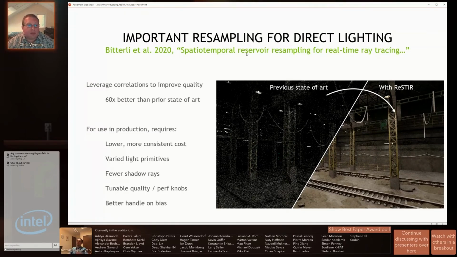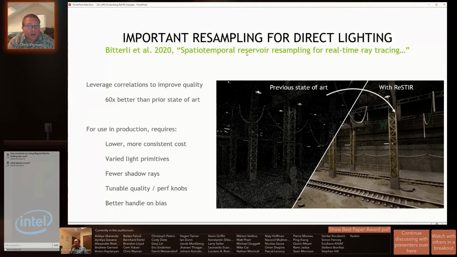As we started to think about productizing this and moving it into games, we came up with a bunch of questions, both internally and talking with folks externally who were interested in this work. And this paper is essentially trying to answer some of these questions to make this easier to use in production. The initial paper was somewhat costly, so we wanted to reduce the cost.